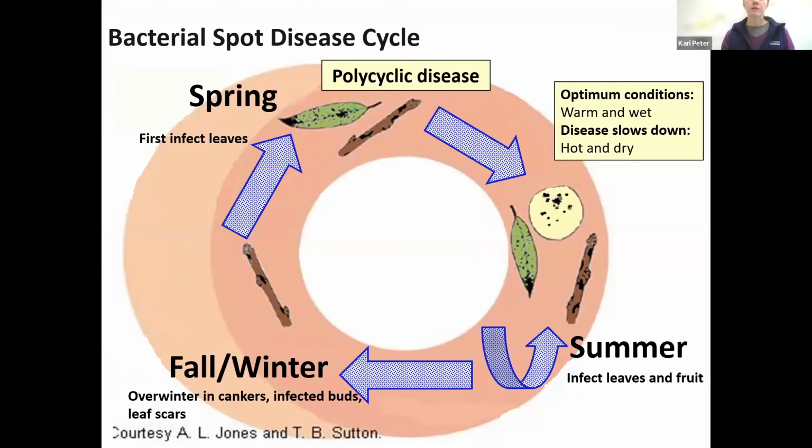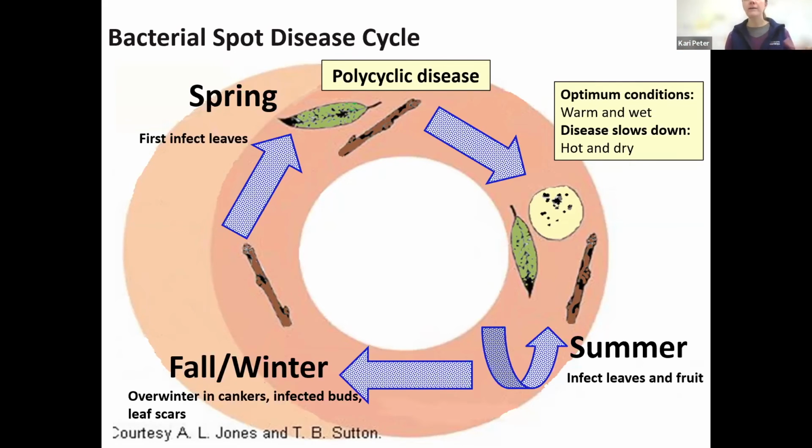The trouble with bacterial spot is that it's polycyclic, meaning you get infection over and over again throughout the season. The bacteria overwinters in the wood, buds and twigs, and then when you get the right conditions, you've got bacteria basically flying through the trees, for lack of a better phrase. It likes warm conditions.